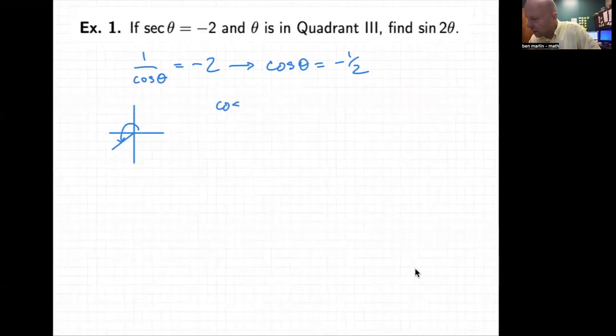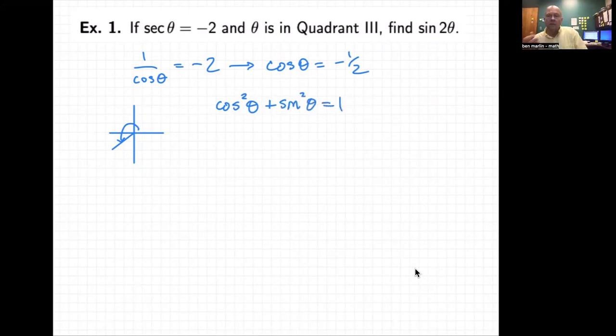So then we know that cosine squared theta plus sine squared theta equals 1. This is referred to as the Pythagorean identity. It's just used over and over again. So if this has not come up before, please commit it to memory, but it is one of the identities that is true because of how we defined the sine and the cosine.